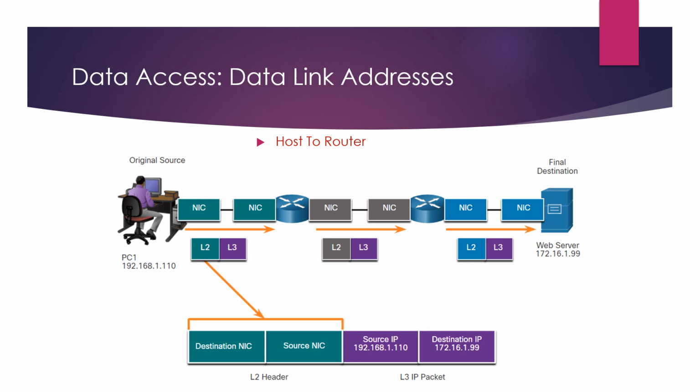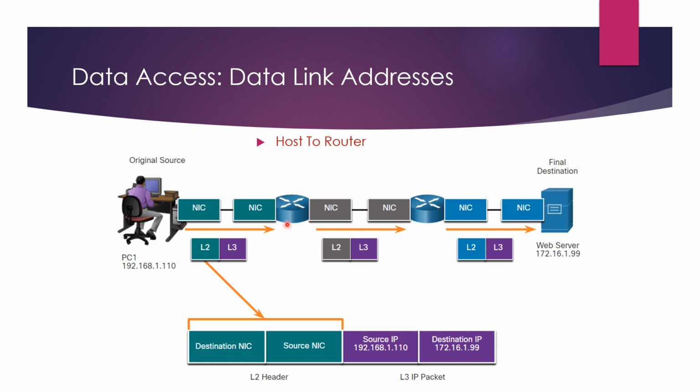As the IP packets travel from host to router, router to router, and finally router to host, at each point along the way the IP packet is encapsulated in a new data link frame. So at the first frame, from the host to the router, it will be the destination MAC address of the router connected directly and the source MAC address of PC1.